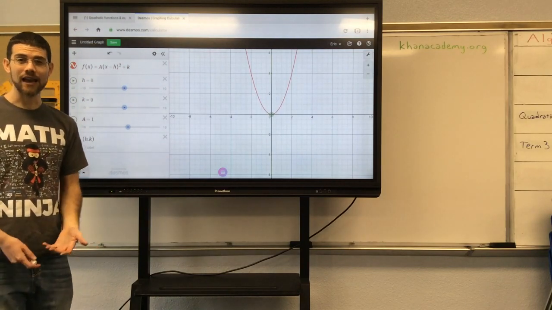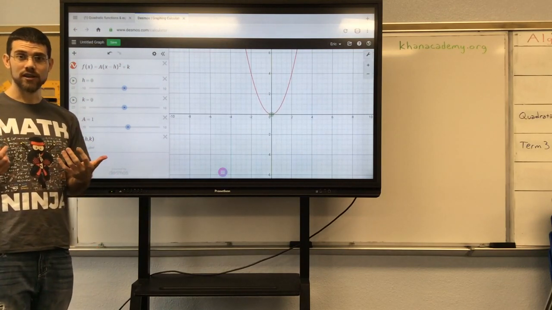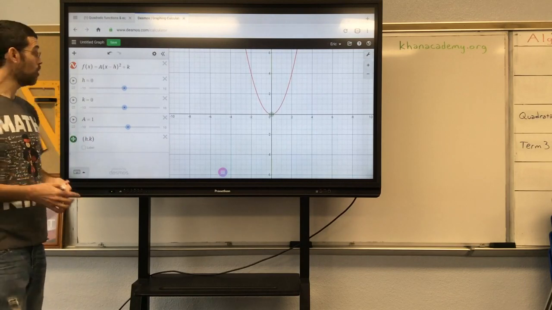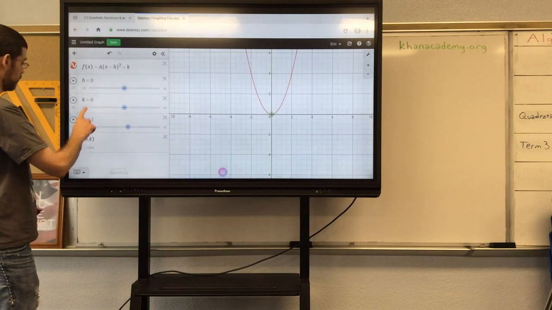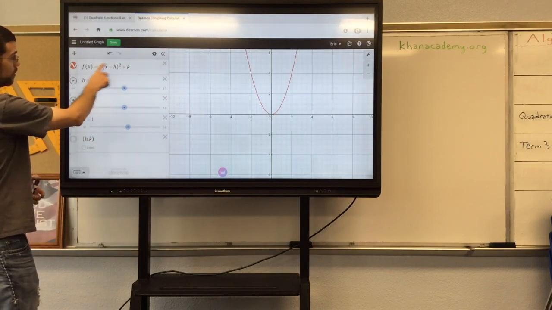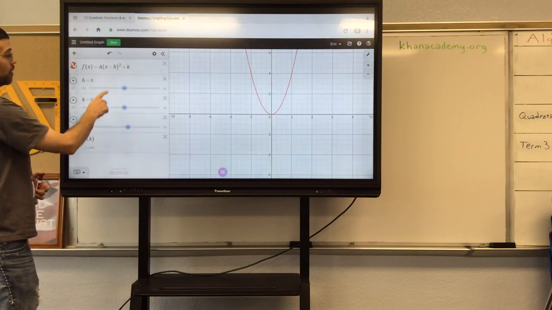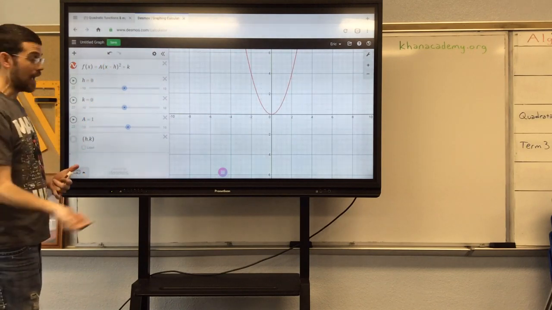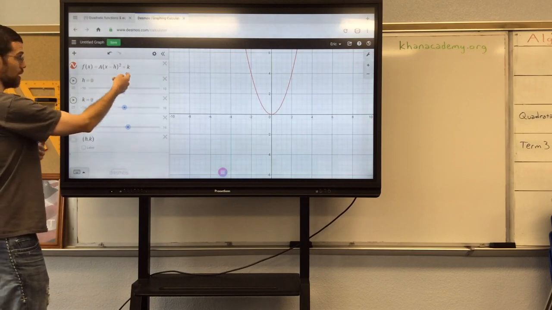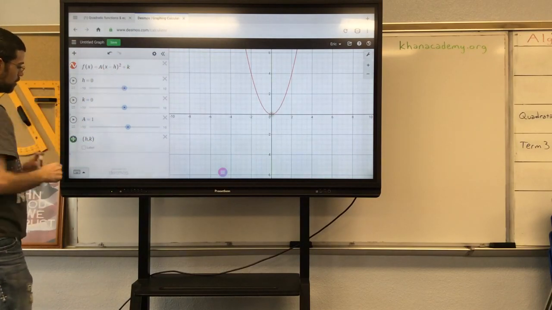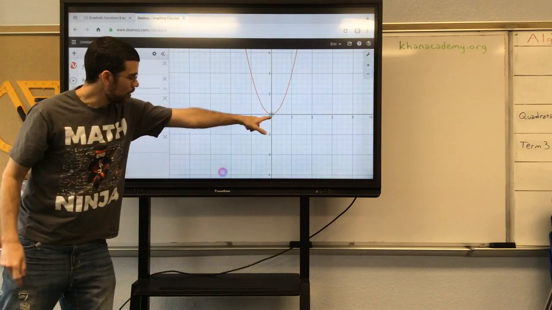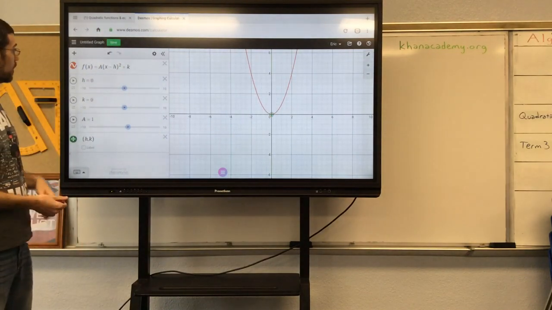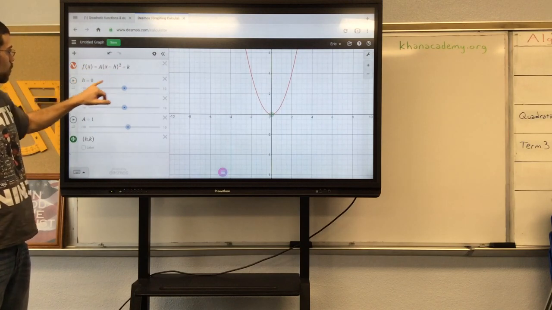You should recognize that as a parabola in vertex form, so the vertex will appear at h comma k, where the x coordinate is h and the y coordinate is k. If we graph that, it appears right on the vertex where it should.